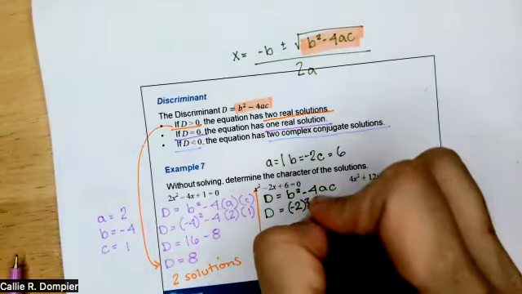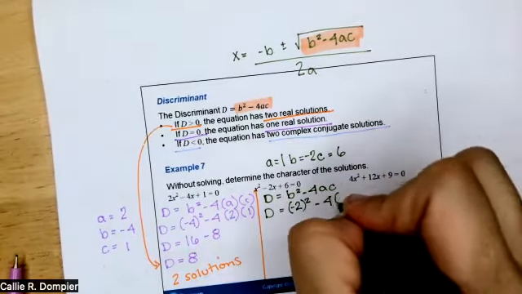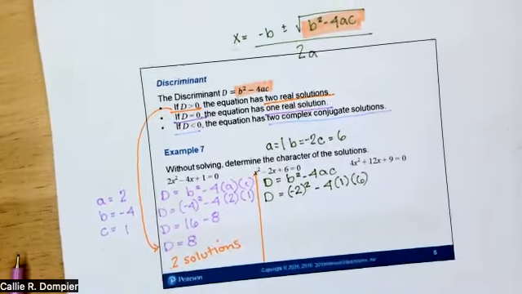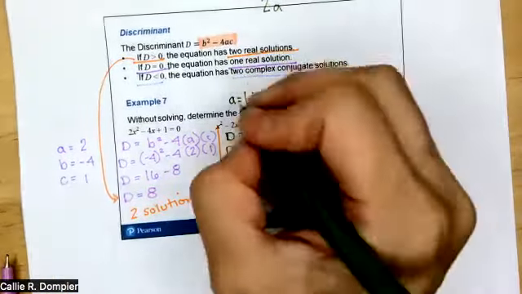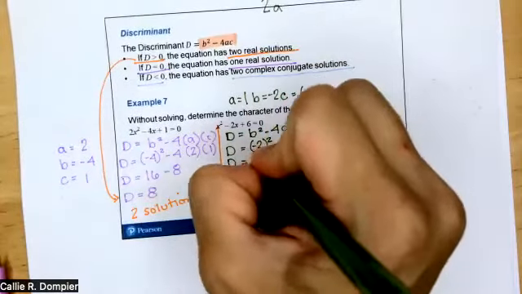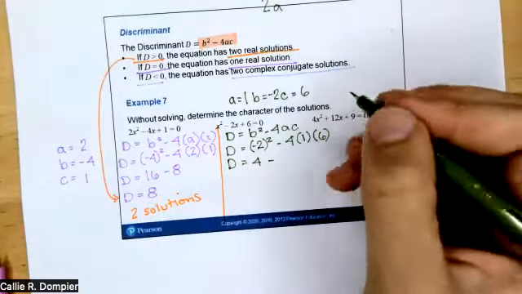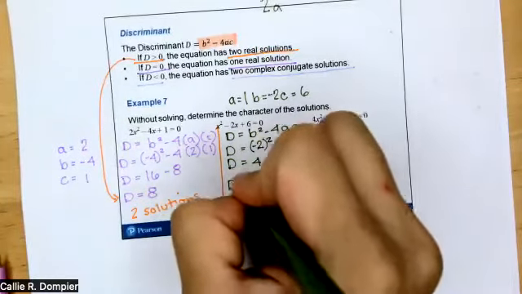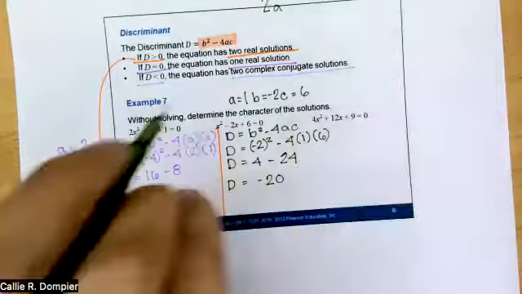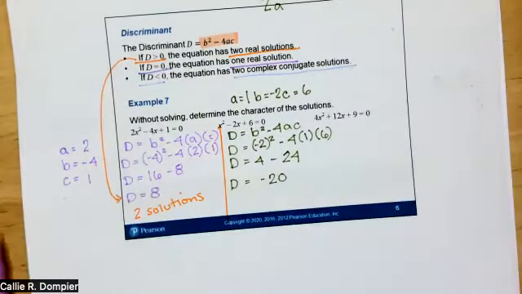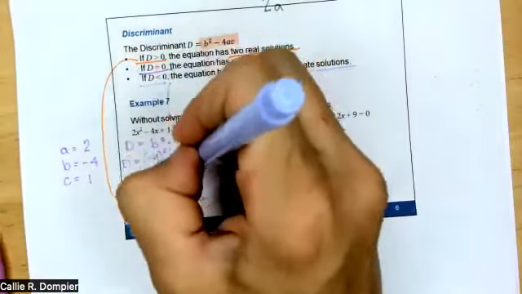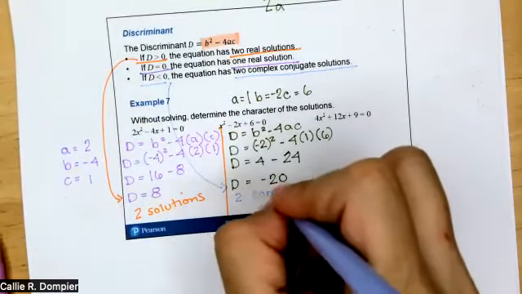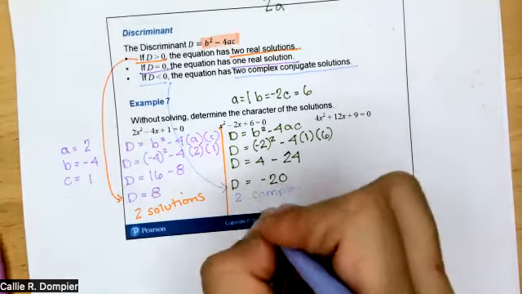Sorry, -2 squared minus 4 times 1 times 6, right? 4 minus 4 times 6 is 24. So that's a -20. That means it was less than 0. So it has two complex or imaginary solutions.